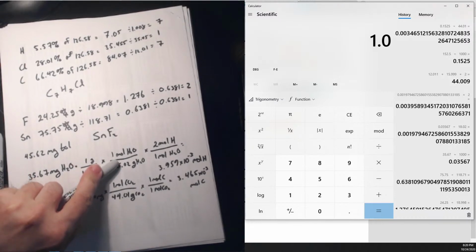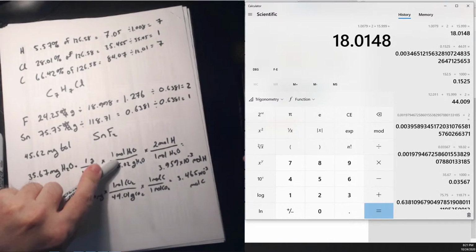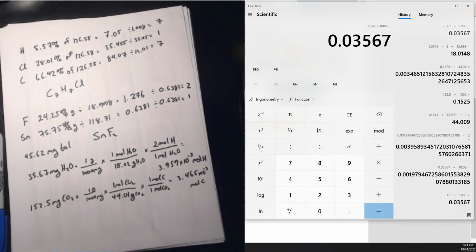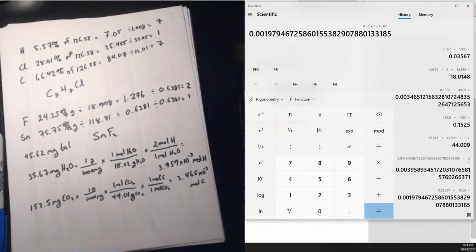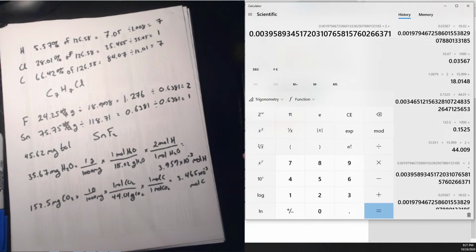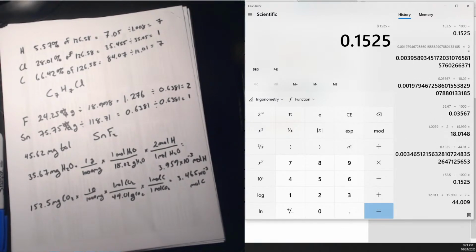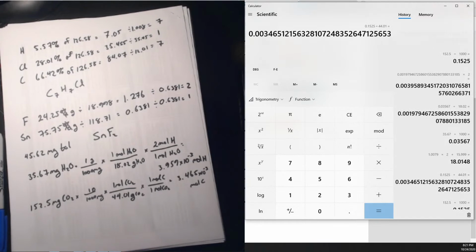Let's see, water. 18, yep. 35.67 divided by 1,000 divided by 18.02 times 2. 3.959, yep. 152.5 divided by 1,000 divided by 44.01, 3.465.